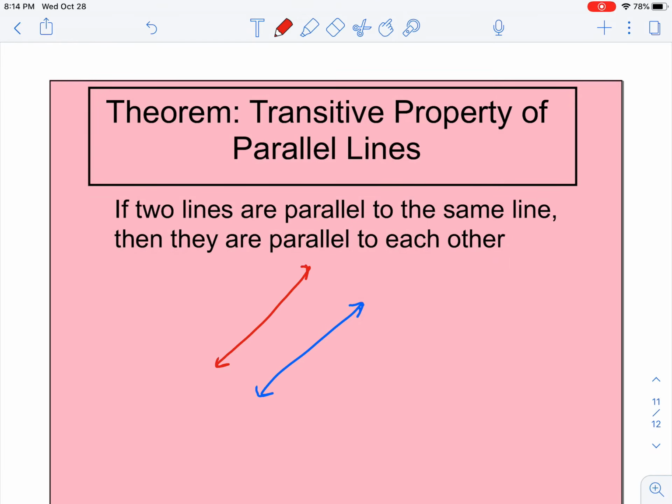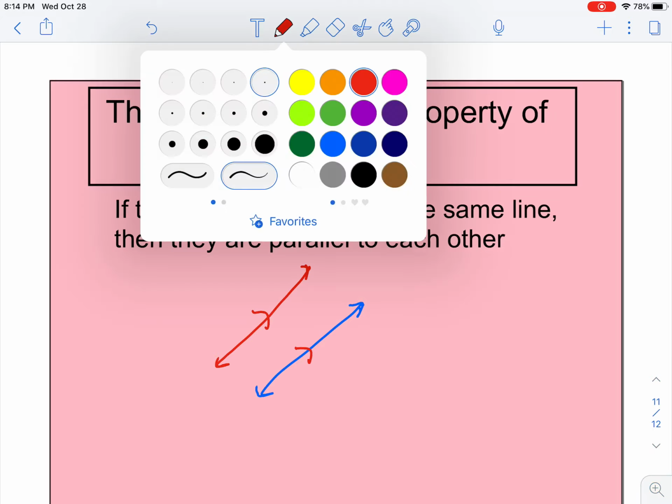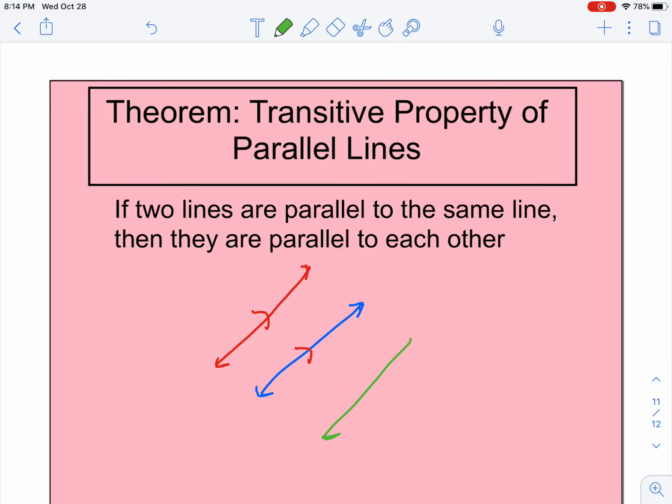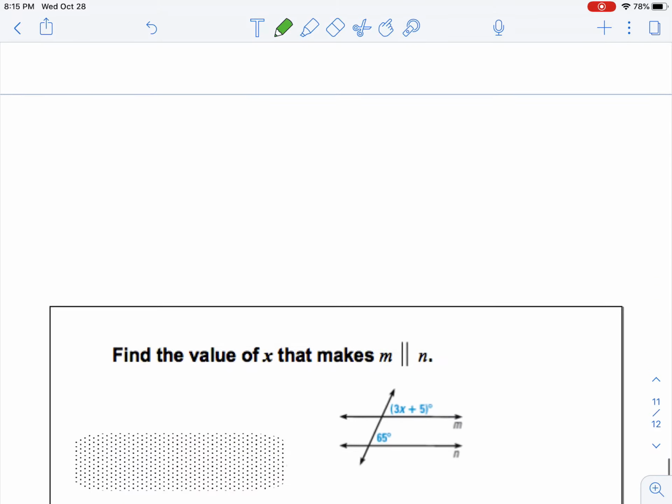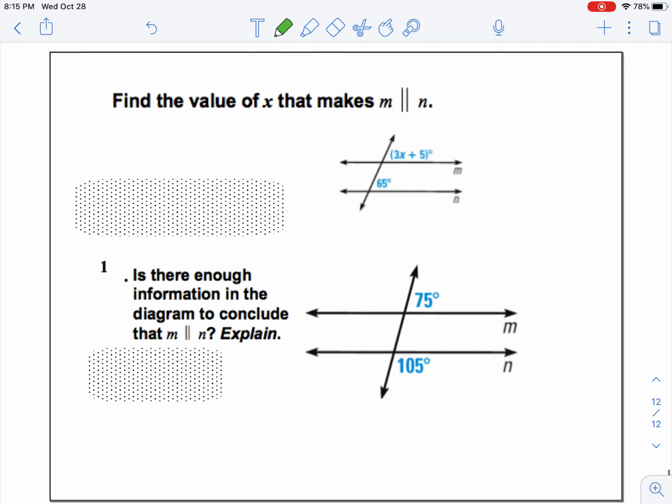And if this line right here and this line are parallel, and you have another line, so these two, the red and the green, are both parallel to the same line, then they are going to be parallel to each other. So now what that means is that this line right here is parallel to this line right here. And it kind of makes sense. I don't think that's something that is difficult for you to understand. All right, I have a quick example, and then that'll be the end of the lesson.